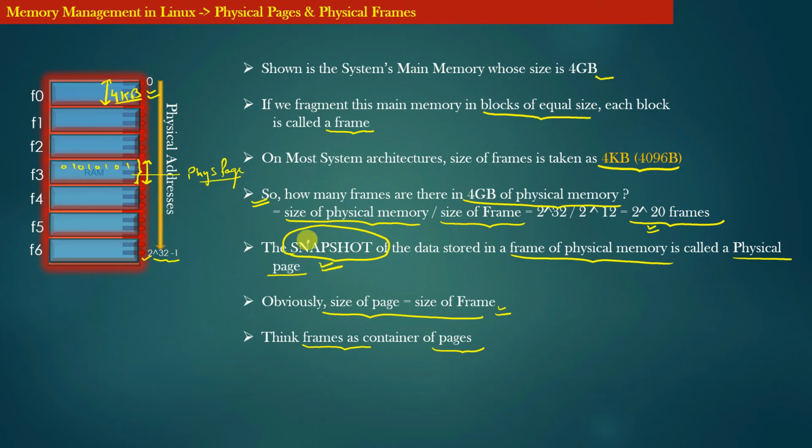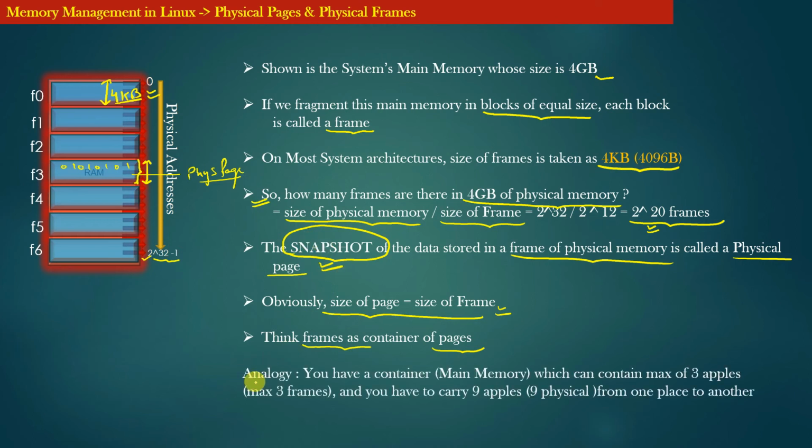So you can understand it better with the help of an analogy. Suppose you have a container and inside that container you can keep a maximum of 3 apples, right? And your target is that you have to carry 9 apples from one place to another. So what will you do? You will take a container, you will put 3 apples inside that container, you will then transport those 3 apples from your current position to the new position.